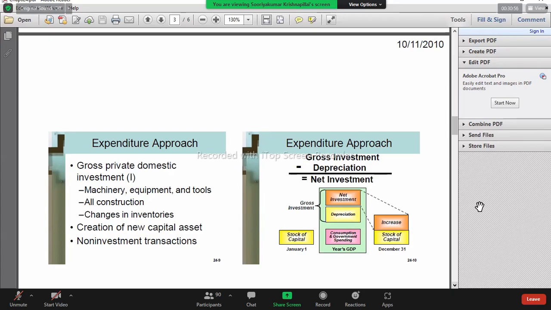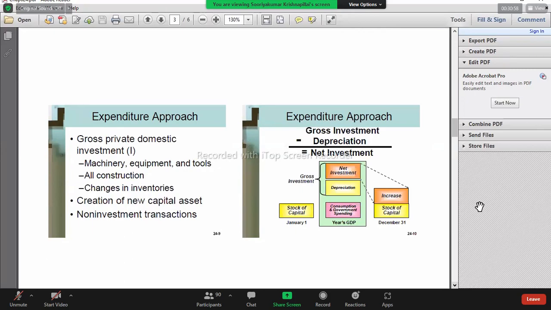But when we calculate GDP, we only consider gross domestic product. When we calculate gross domestic product, we don't consider depreciation. Then from the gross domestic product, we will calculate net domestic product, where we deduct this depreciation.